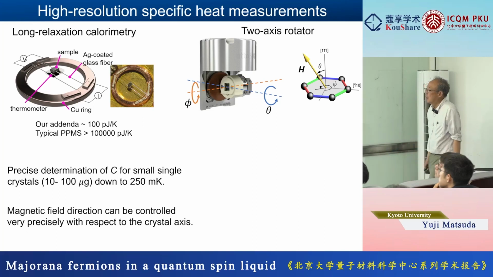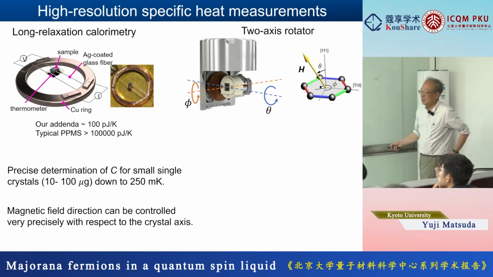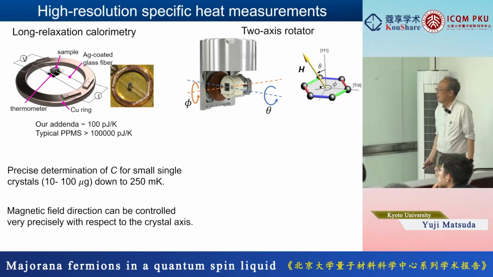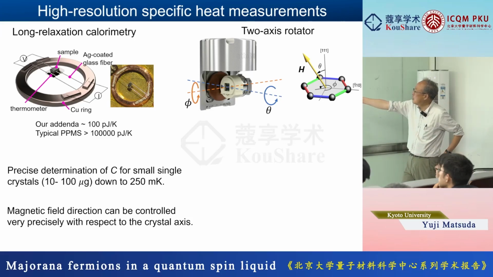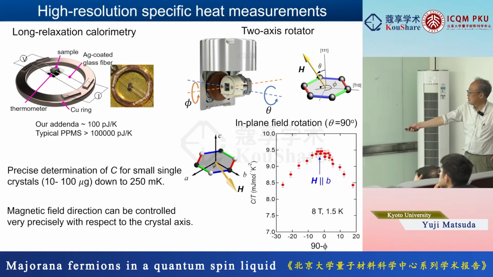In this technique, the heat capacity of the addenda is less than 0.1% of a typical PPMS, so we can determine the specific heat very accurately, even on a very tiny single crystal. We use a two-axial rotator in a dilution refrigerator, so that we can apply the magnetic field very accurately along the b-axis. So here is the angular dependence of the specific heat.